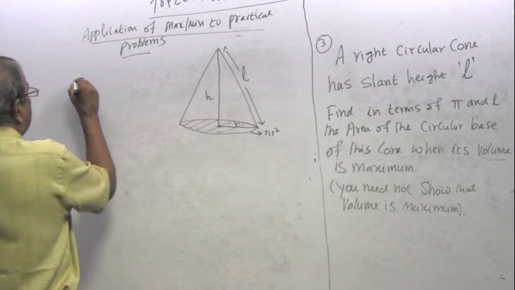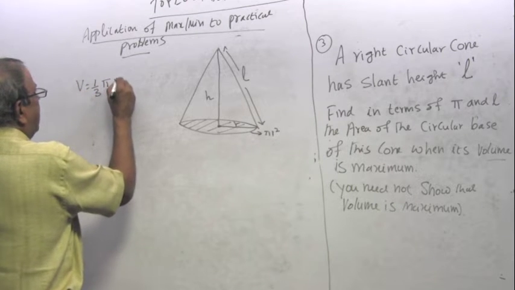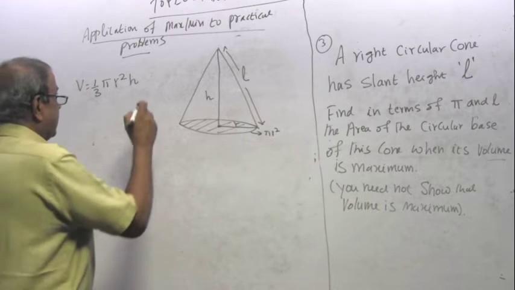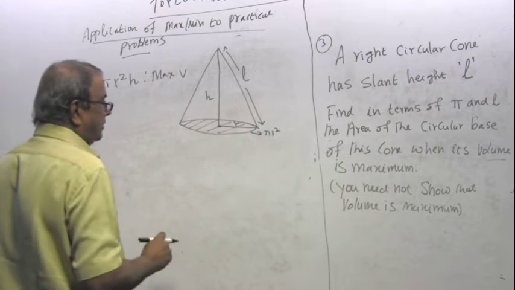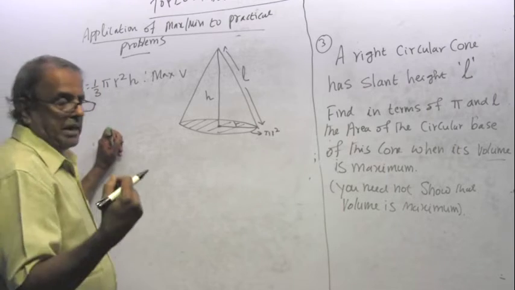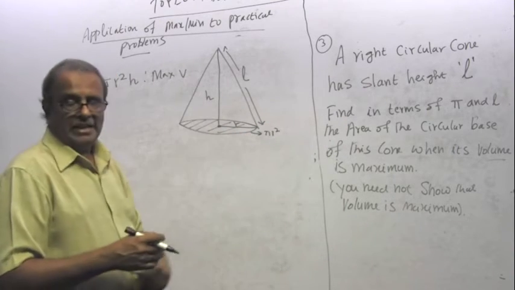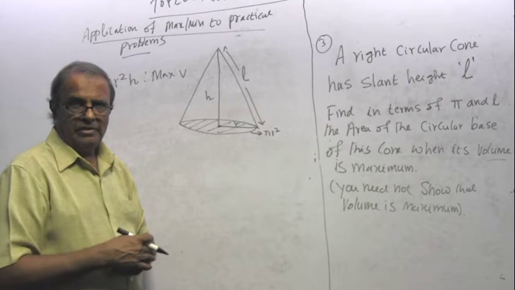What is the volume formula? It is 1/3 pi r squared h, and I need to find maximum V. So let me repeat. Read the question. Draw a diagram if necessary. Identify the variables.